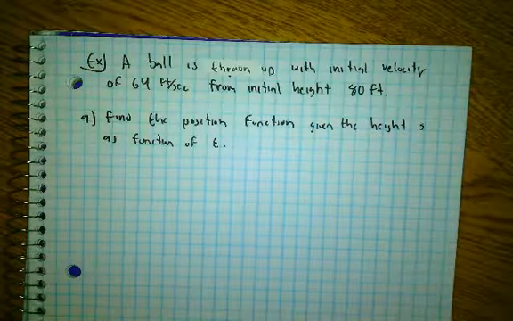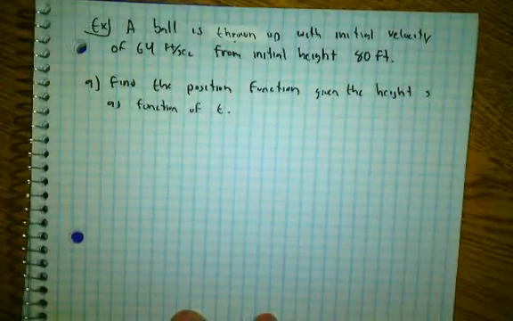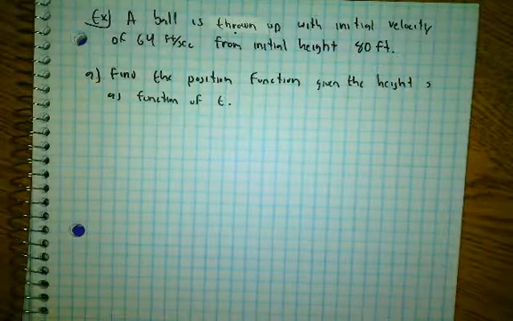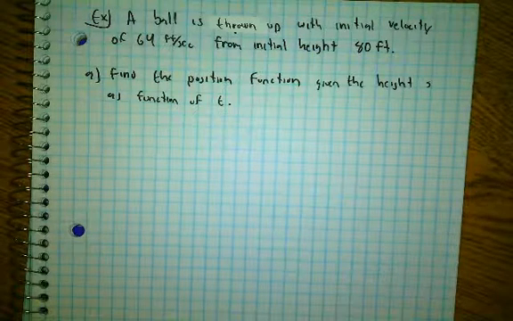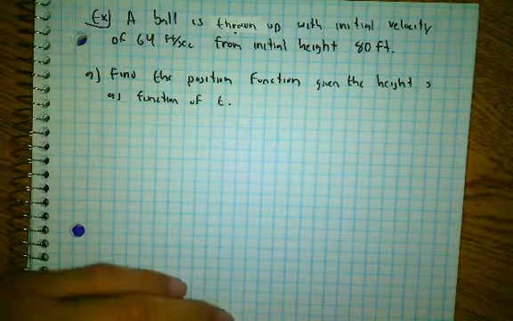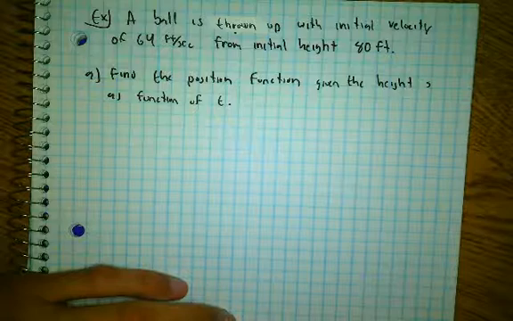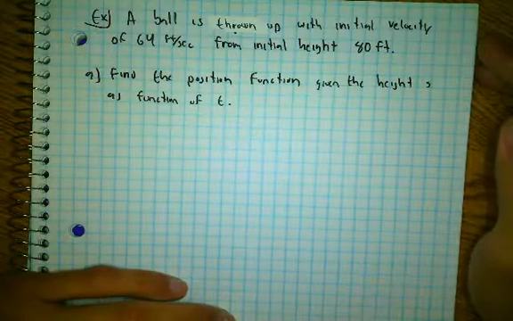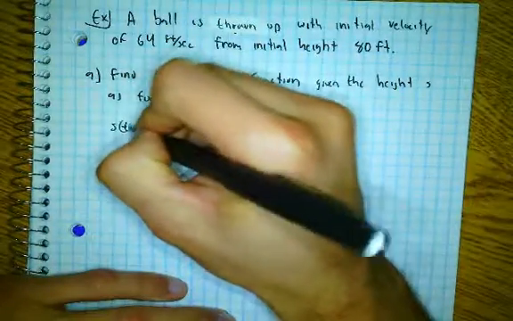It was s of t equals negative 16 t squared plus v naught t, where v naught is what? Plus h. Do you guys recall that formula? Sort of. If you knew that formula and you memorized it, I'm going to be honest, and you have this question on the AP exam, I would just go ahead and plug in what I know. What would the formula be?